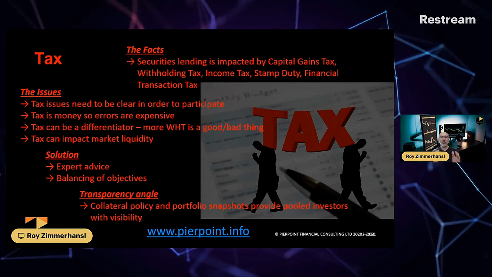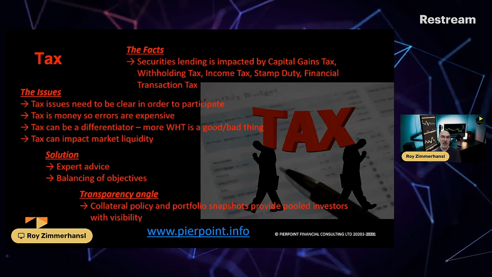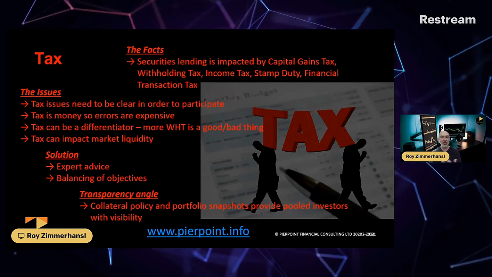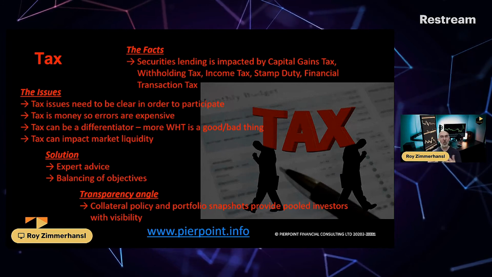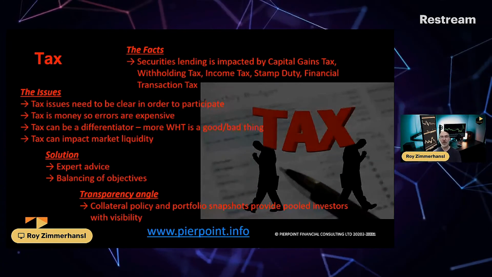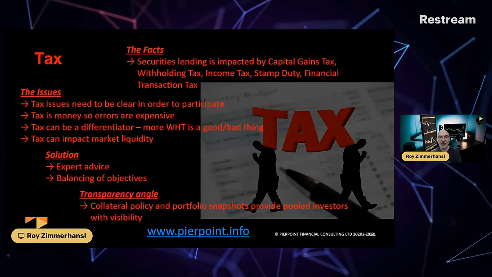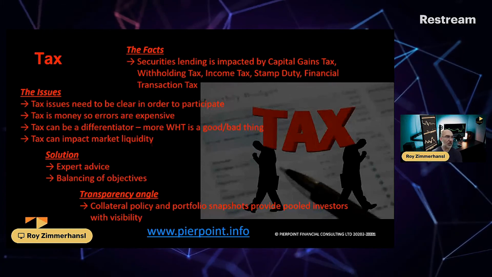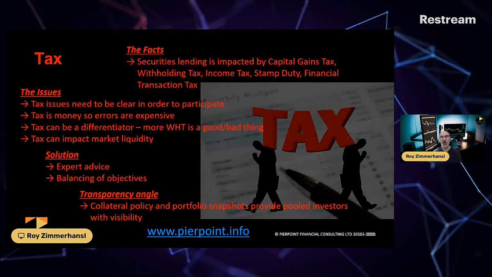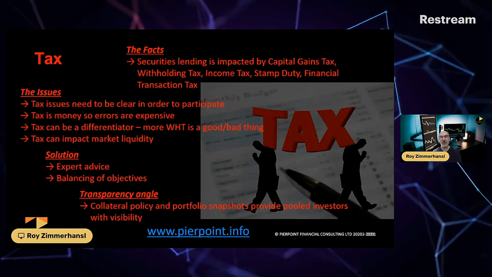So you just need to understand which tax issues have uncertainty, and then you can evaluate whether it's worthwhile waiting until there's complete clarity or whether you're willing to take a chance because of the money that's on the table. Now, tax, of course, is money, and errors in your calculations, your processing, what you think your obligations are, what your trading criteria are, errors are expensive. So you need to be clear.